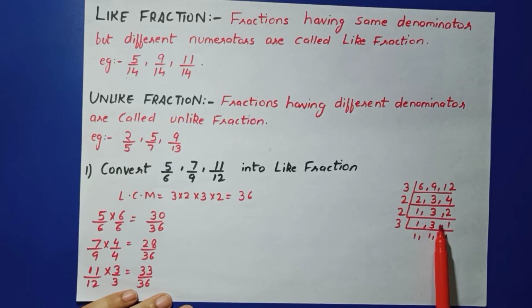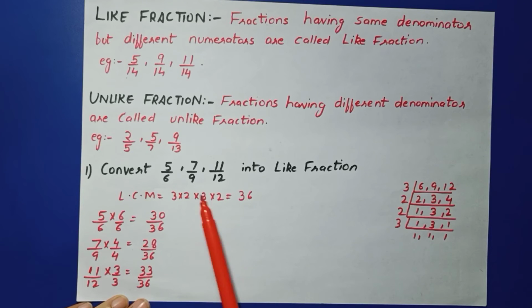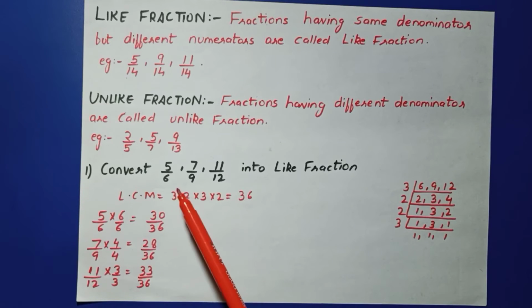Only 3 remains, so we'll divide by 3 because at last we have to make these 1, 1 and 1. So 3 1s are 3, 1, 1. So the LCM is 3 into 2 into 2 into 3, and when we multiply all these, 3 2s are 6, 6 6s are 36. So the LCM of 6, 9 and 12 is 36.